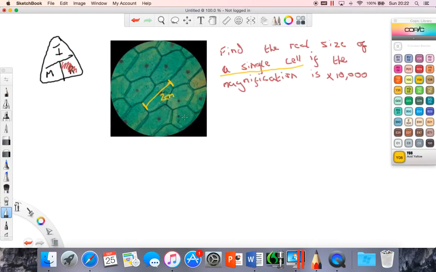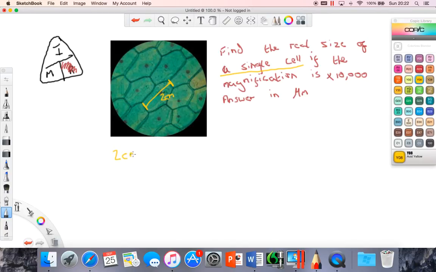These cells are not 2 centimeters in size. So sometimes the examiner will ask for either micrometers or nanometers. In this case, we're going to ask for the answer in micrometers.